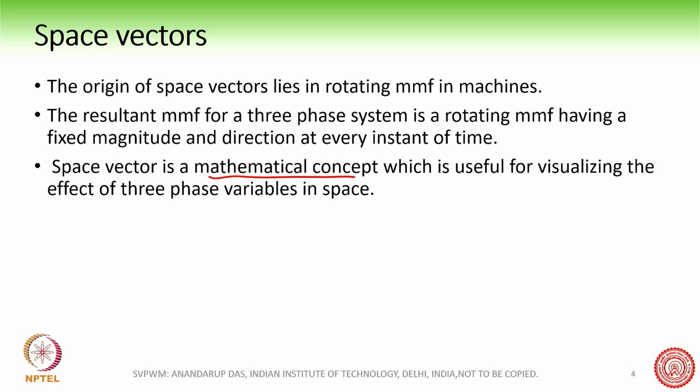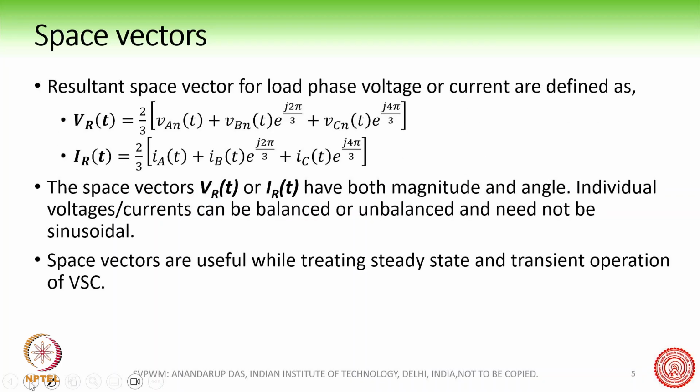However, the space vector is a mathematical concept used to show the effect of the three-phase variables in space. We would like to see the effect of three-phase quantities together by a single quantity, and that single quantity is the space vector. Again, it is a mathematical expression. And how does this mathematical expression look?